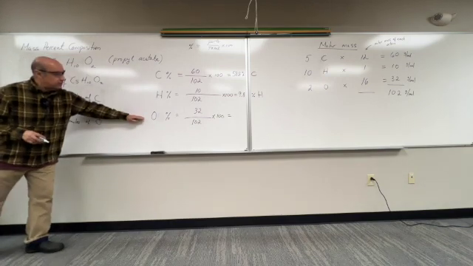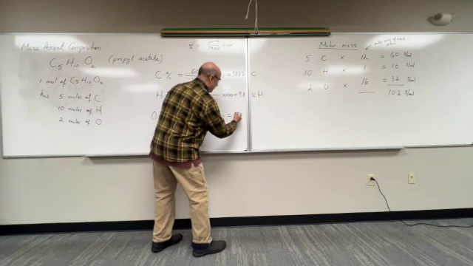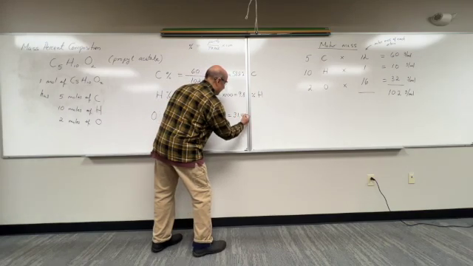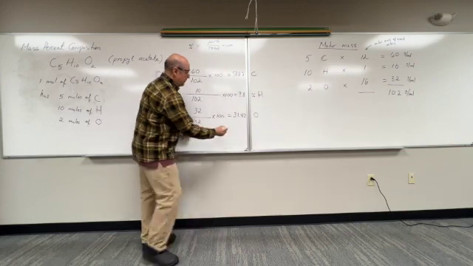And then finally this one, 32 divided by 102. I rounded it off, so I got 31.4. Okay, let's see if that's 31.4. You rounded it up correctly. 31.4 oxygen. Now, notice this.